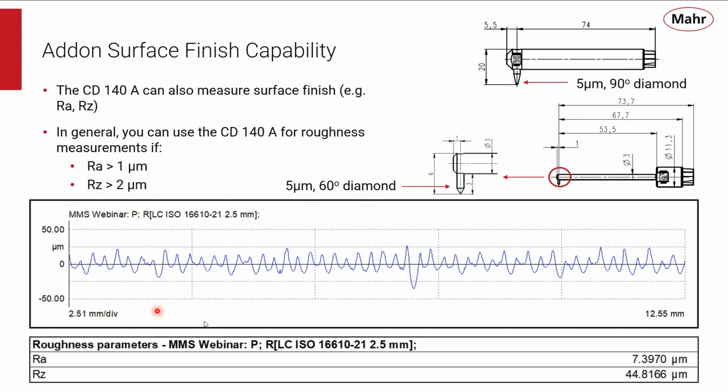And what you see here below is just a typical output of one of our measurement results evaluating roughness, and whatever parameters we have turned on for evaluation. And again, just a couple of different probe options here for surface finish. We are limited to a 5 micron diamond, but you can have it in either 90 degrees or 60 degrees.